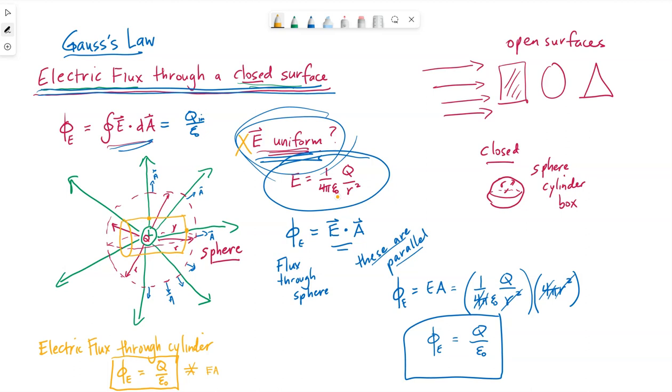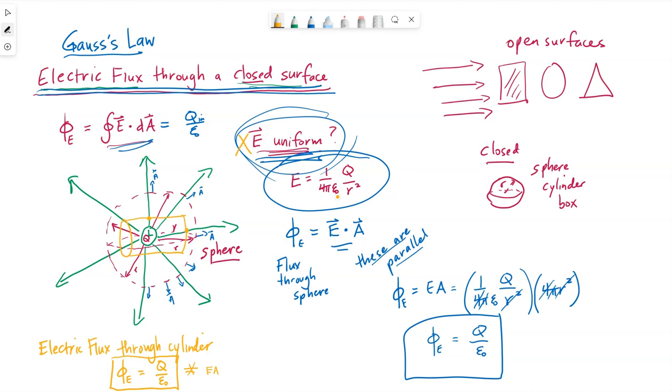In some situations, it's limited, but in some situations we can work backwards from knowing how much charge is located within the closed surface to find the value of the electric field, which I'll show in a separate video.